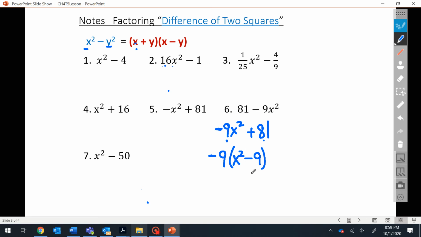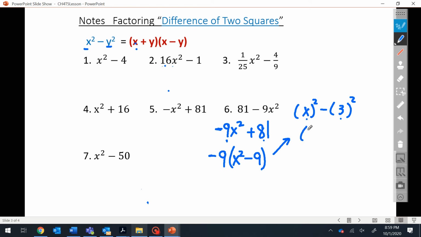Right, because I factored out the negative 9, and negative 9 times negative 9 is 81. And now, this right here is a difference of 2 squares. To get x squared, we have x squared, and to get 9, we have 3 squared. And you can figure that out just by taking the square roots. The square root of x squared is x, the square root of 9 is 3.